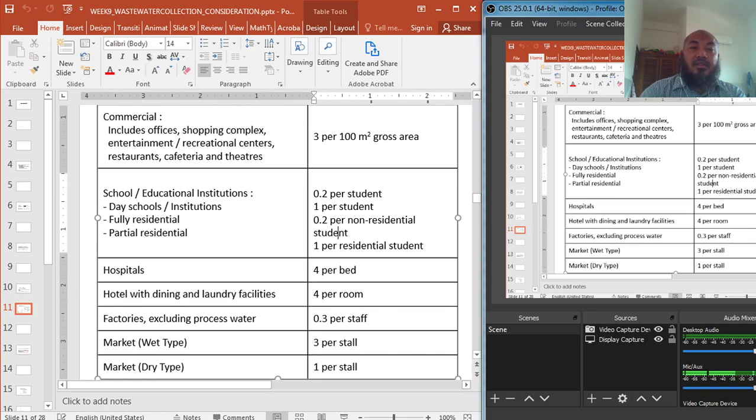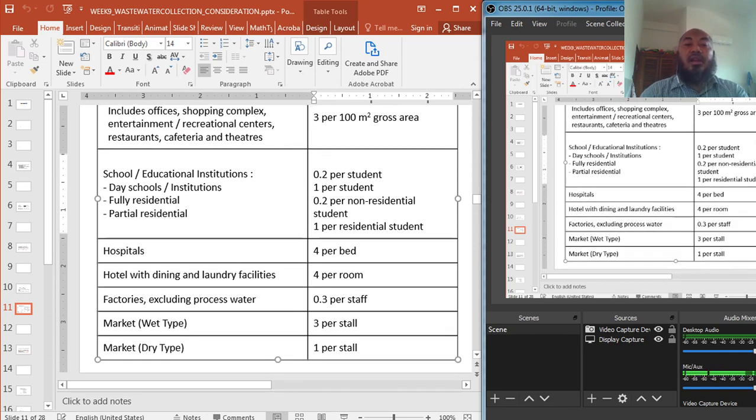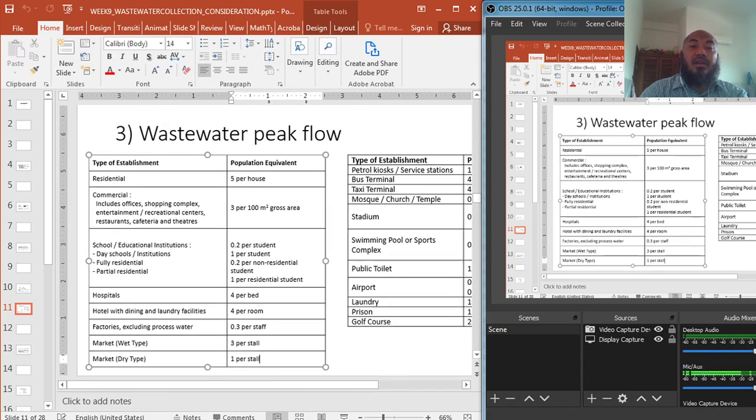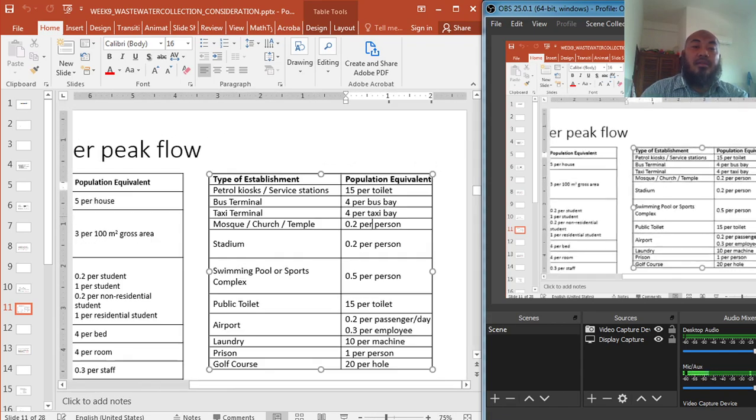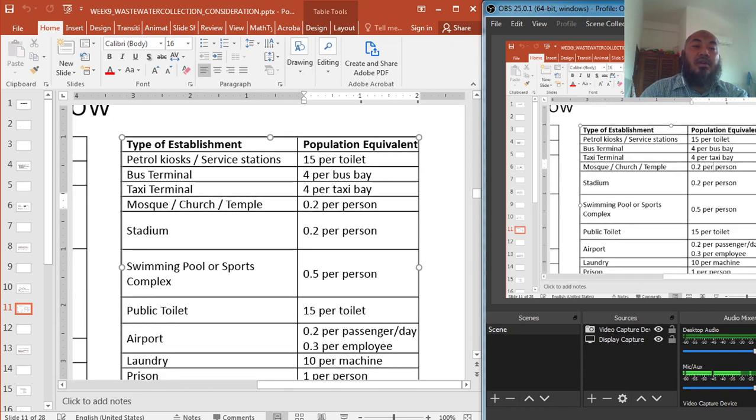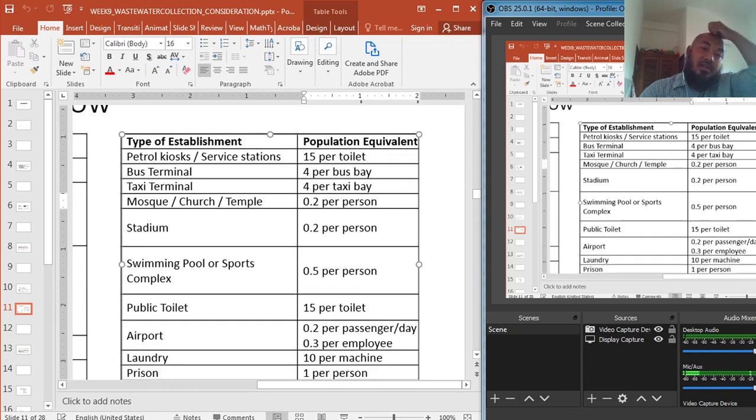Okay, and then we have hospital, 4 PE per bed. Hotel with dining and laundry facility is 4 per room. We have wet market and dry market. Wet market we have 3 per stall, and dry market we have 1 per stall. We have a petrol station with around 15 PE per toilet.